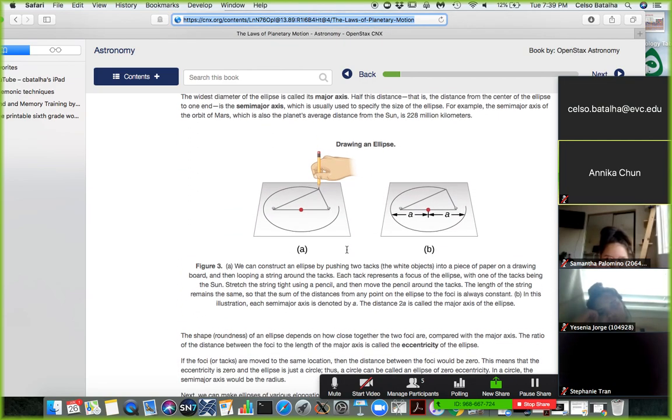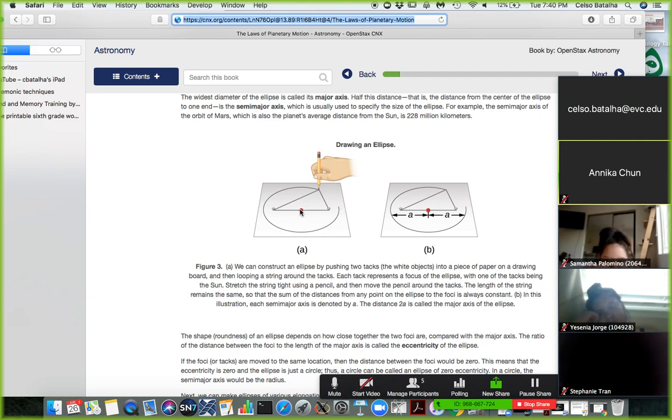So an ellipse is a curve that you can draw quite easily if you have two thumb tacks, and then you make a string go around these thumb tacks, and then with a pencil you just draw this curve.